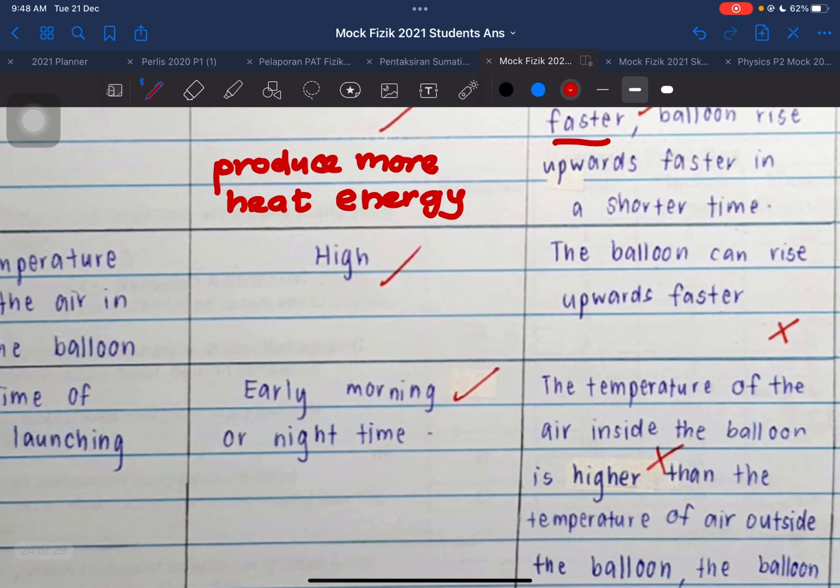You can write smaller density air, or smaller air density, smaller density air in the balloon. So it will be, can write bigger buoyant force.